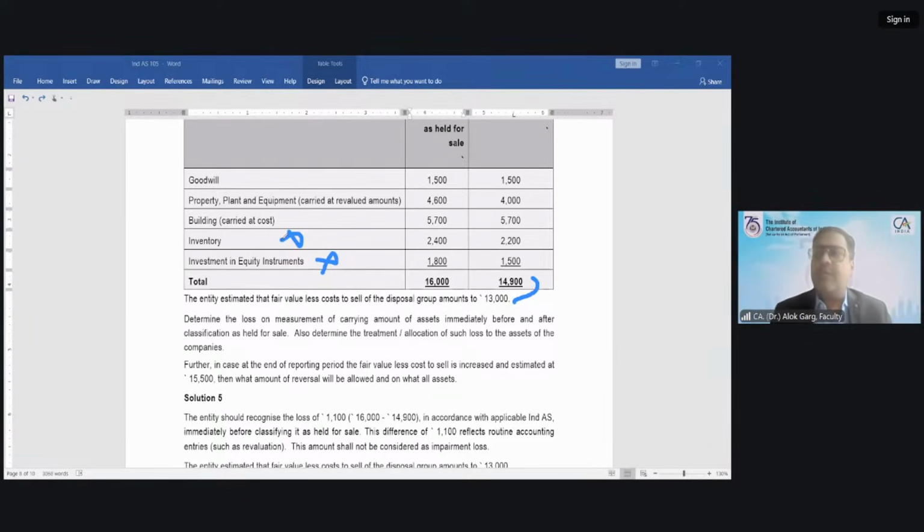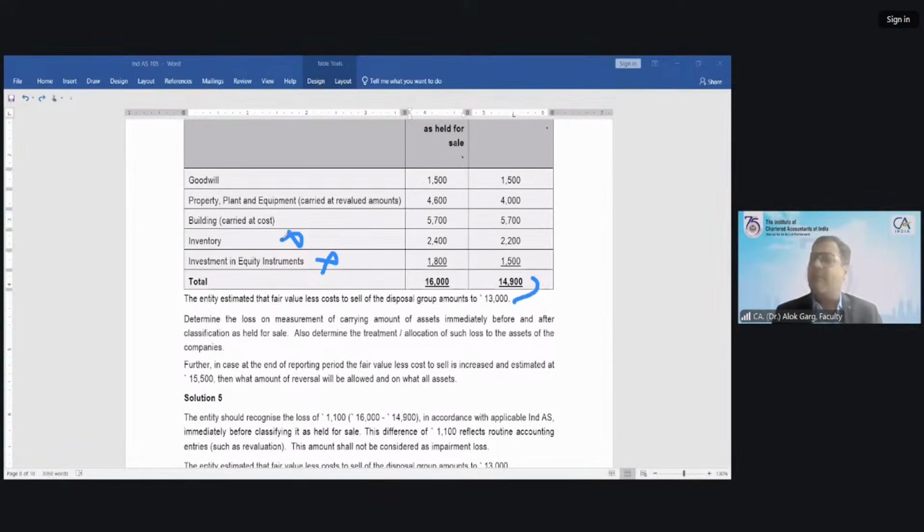So let's say the allocation of impairment loss to the disposal group. The allocation of impairment loss to the disposal group does not come from Ind AS 105. It is coming from Ind AS 36, impairment of assets. Allocation of impairment loss to a cash generating unit, right?